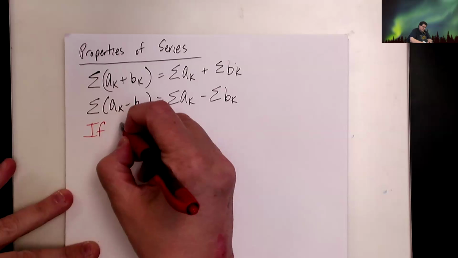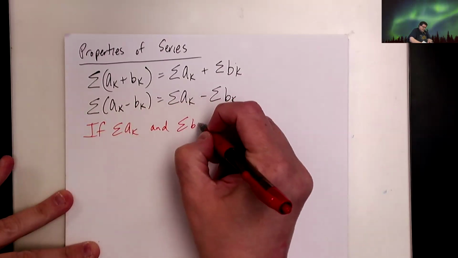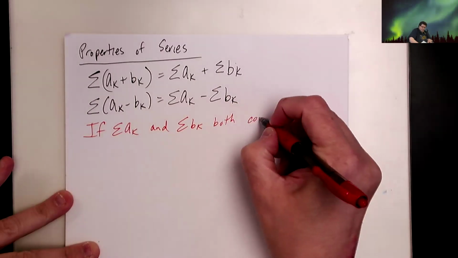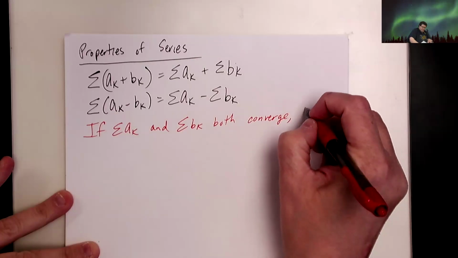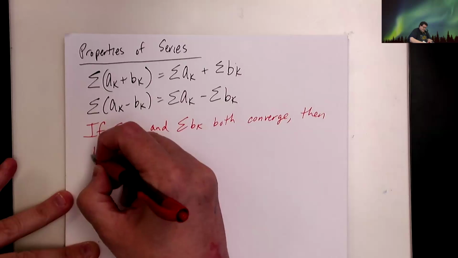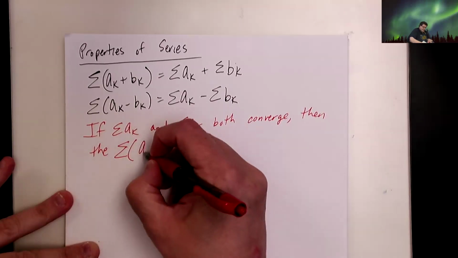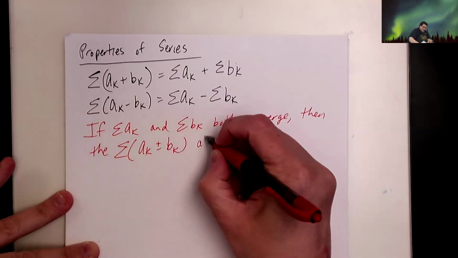So if the summation of a sub k and the summation of b sub k both converge, then the sum of a sub k plus or minus b sub k also converges.